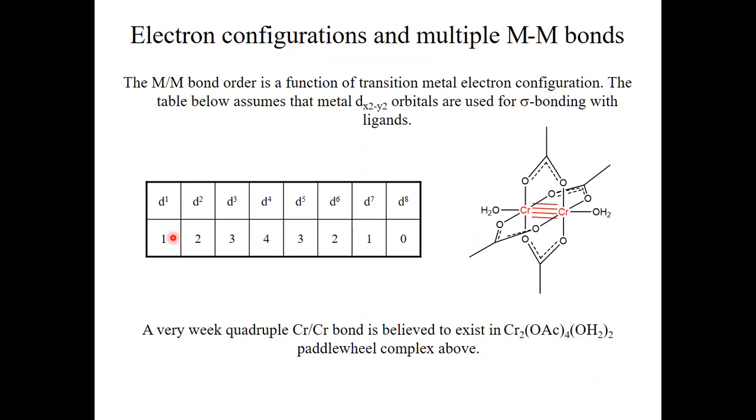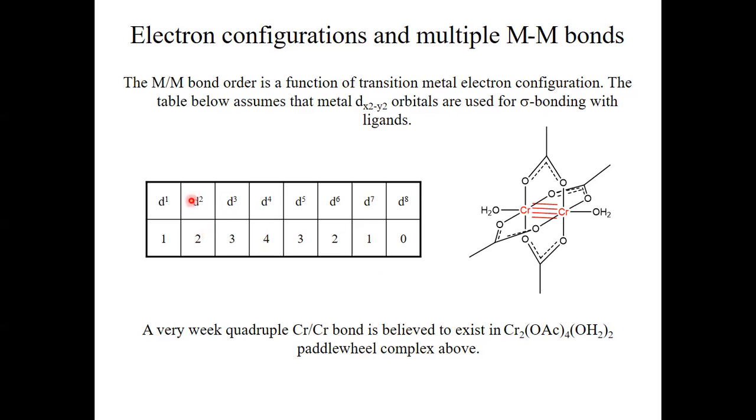So we can't make more than a single bond. But when the configuration is d2, then you have 2 times 2 electrons available, and we can create a pi bond in addition to the single bond, and the bond order is 2.